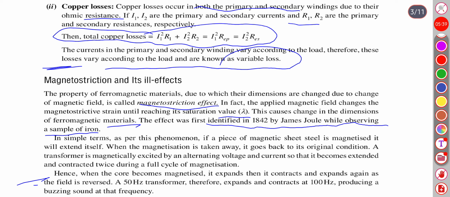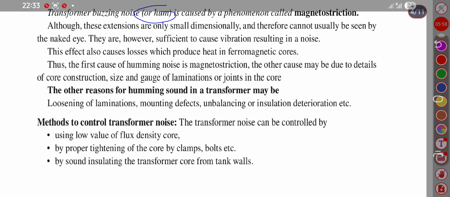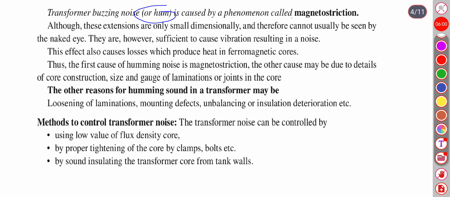A 50 Hz transformer therefore expands and contracts at 100 Hz, producing a buzzing sound at that frequency. Transformer buzzing or humming noise is caused by a phenomenon called magnetostriction.